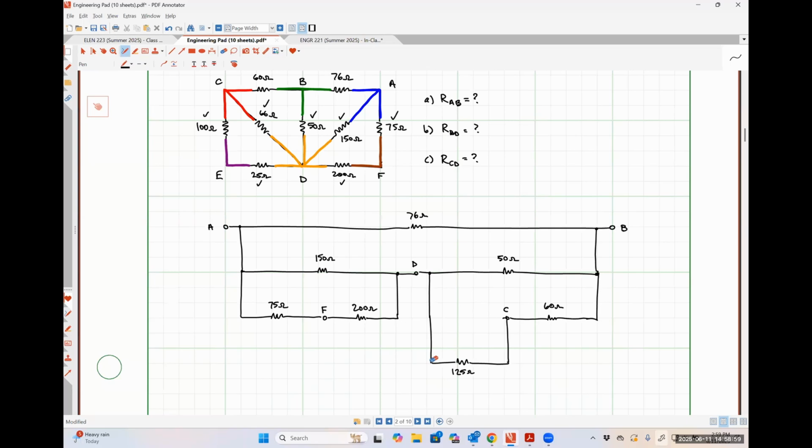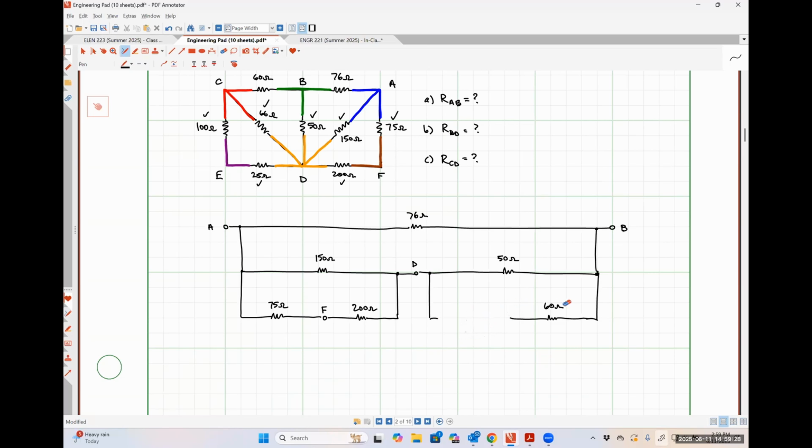And so I'm going to replace those two resistors connected between D and C with a single equivalent resistance also between D and C, having a value of 8250 over 191 ohms. Now, that new equivalent resistance is in series with the 60 ohm resistor, so I'm simply going to add my previous answer to 60.